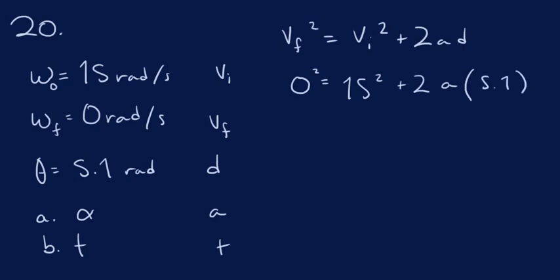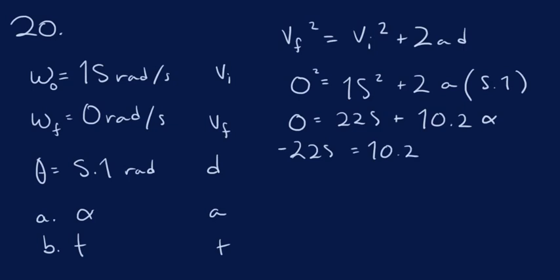So 15 squared is 225 plus 2 times 5.1 is 10.2. Okay, I'm just going to write alpha. So then we just move this over and divide by 10.2, and acceleration comes out to negative 22.059 radians per second squared.